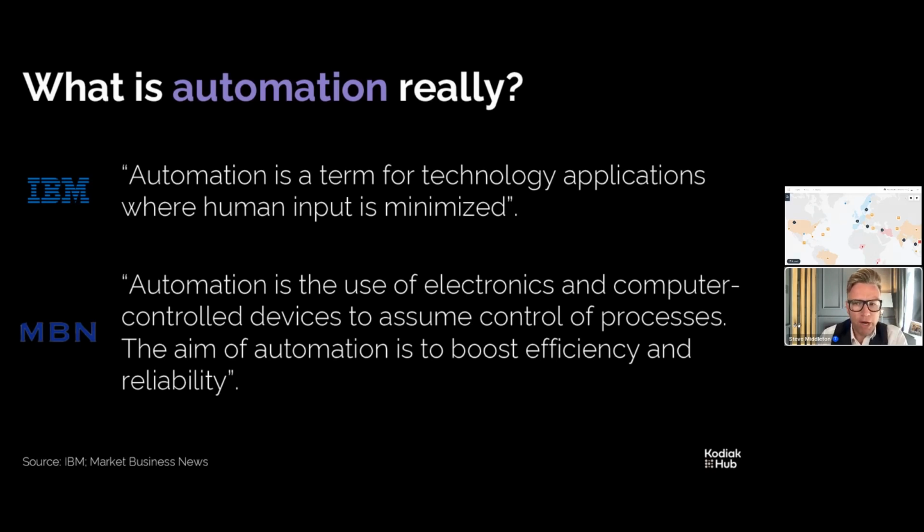Furthermore, defined by Market Business News, automation is the use of electronics and computer-controlled devices to assume control of processes. The aim of automation is to boost efficiency and reliability.